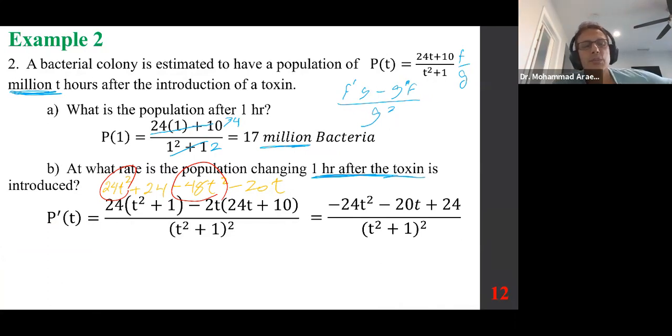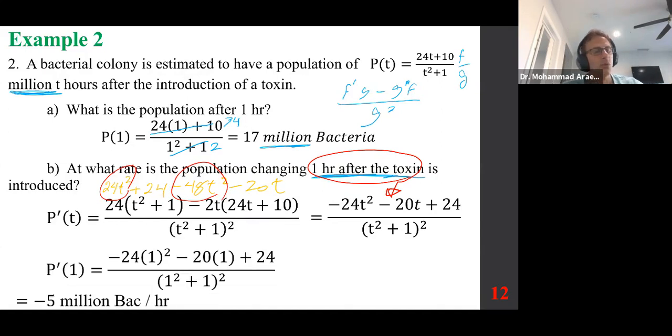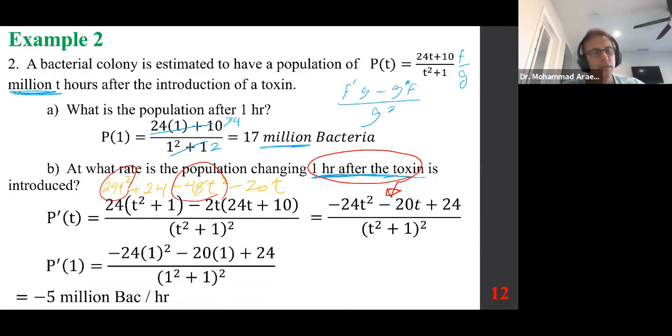So this is P prime of t, and after 1 hour, just plug in 1 and come up with the answer. When we plug in 1 and evaluate this, we get negative 5. This is 1 squared is 1 times negative 24.